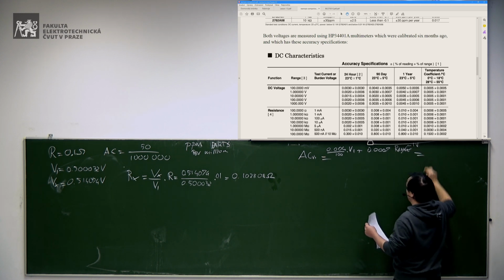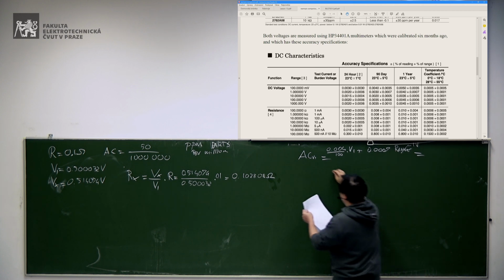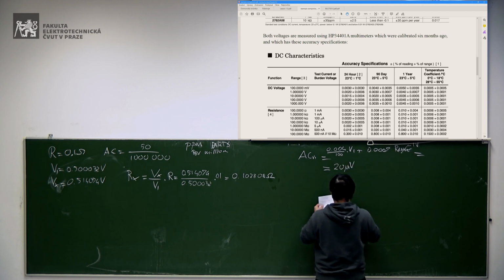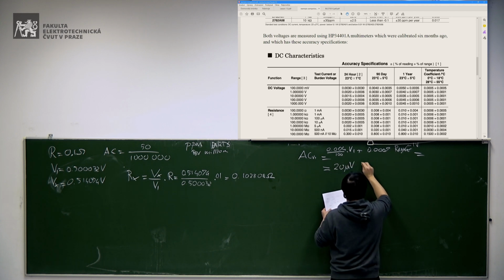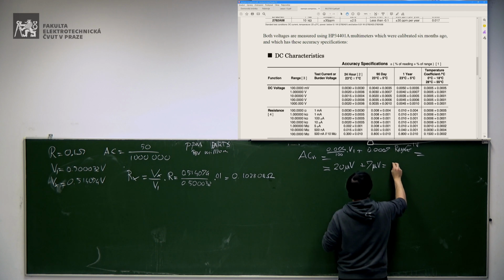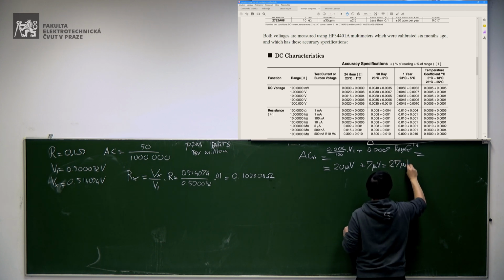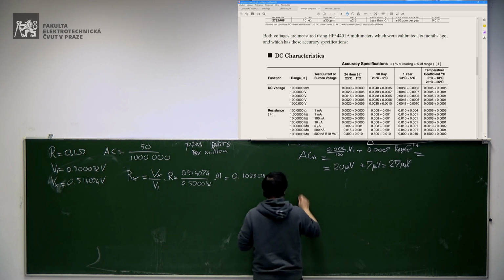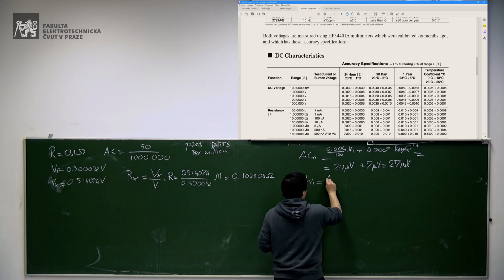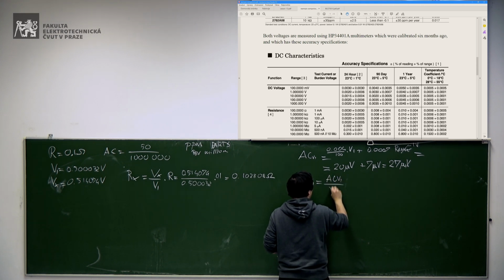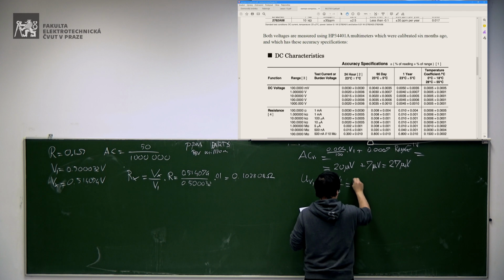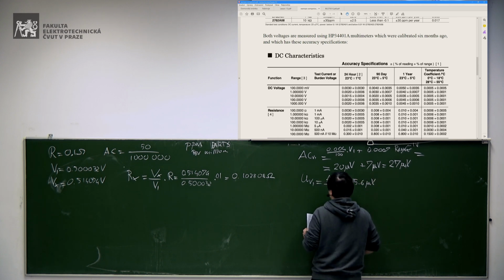This gives you roughly 20 microvolts plus 7 microvolts, so about 27 microvolts. And when you calculate the uncertainty of V1, you get the accuracy of V1 divided by the square root of 3, because we assume uniform distribution, and we get about 15.6 microvolts.